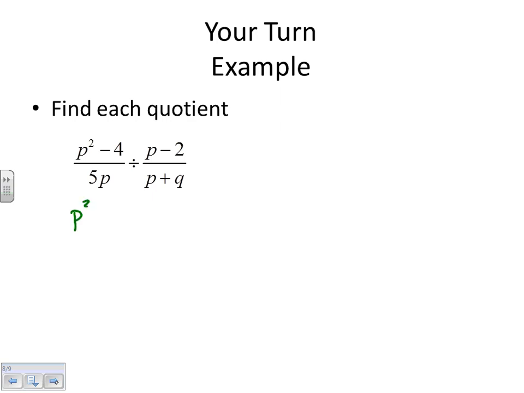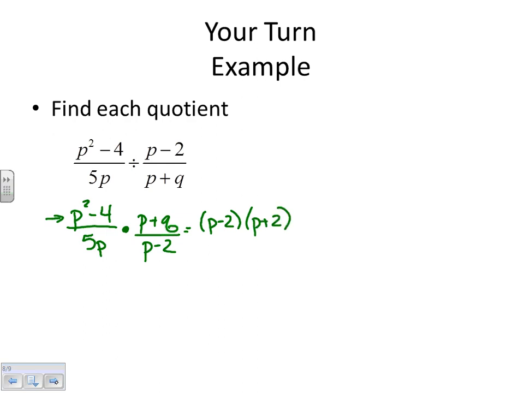So we have (p squared - 4) over 5p times (p + q) over (p - 2). Okay, so we've got to factor out this guy right here into (p - 2)(p + 2) over 5p times (p + q) over (p - 2).